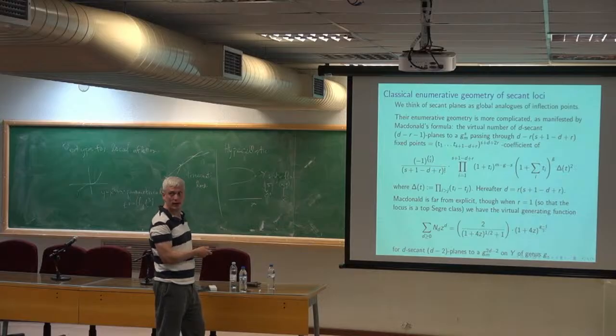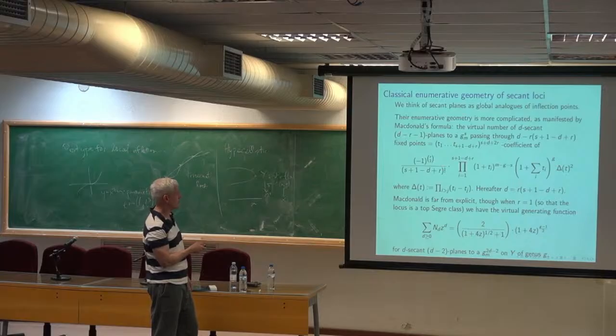Yeah, so now the situation is more complicated than in the case of inflection points. This slide is just saying something about the numerology of these things at the level of generating functions. It's hard to write down explicit formulas for the numbers of these things.